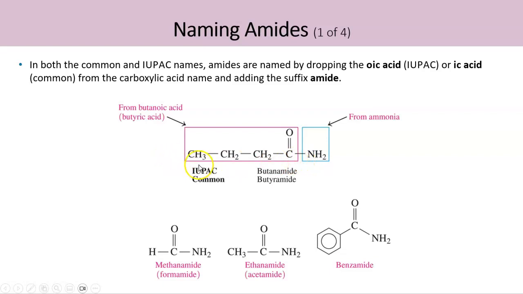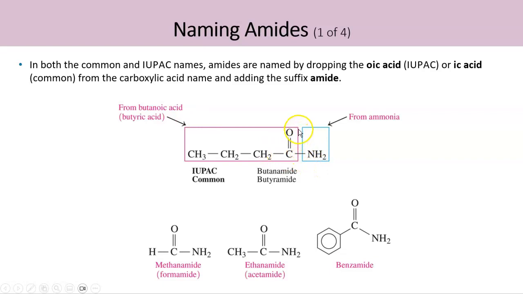In this example, the carboxylic acid fragment is shown in this pink color box. Since it has 4 carbon atoms, we know that it came from butanoic acid, or butyric acid according to the common names. Butanoic acid is the IUPAC name.